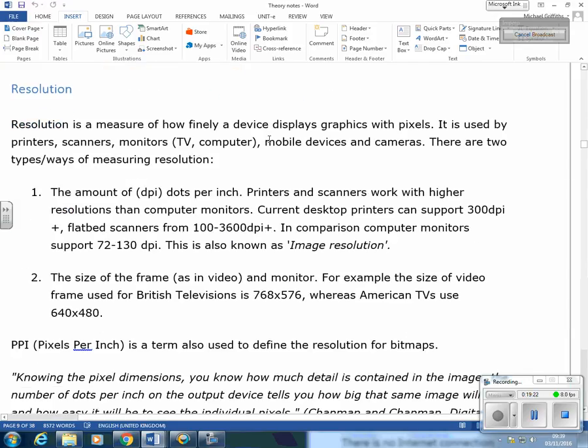Resolution. The amount of dots per inch. The higher the resolution, the more you can represent with it. I'm trying to think of an example. Say you had to represent that whole poster there with 1 pixel, right? You could have a massive colour depth on it.